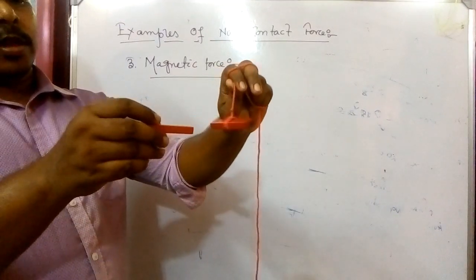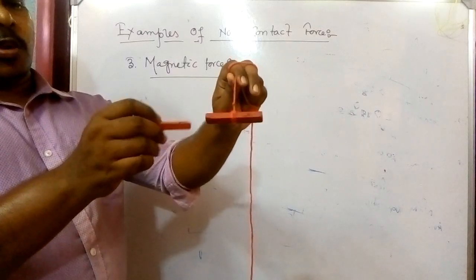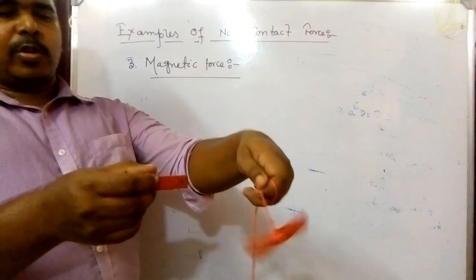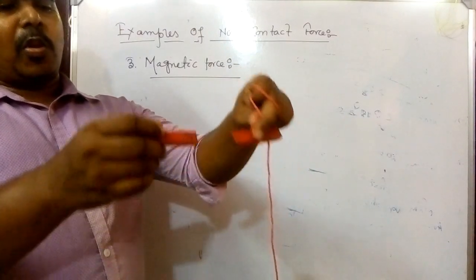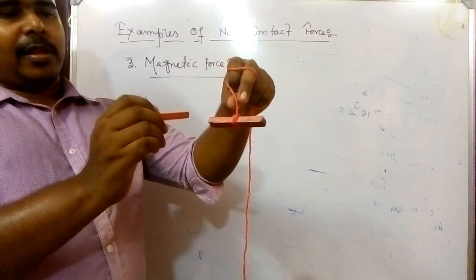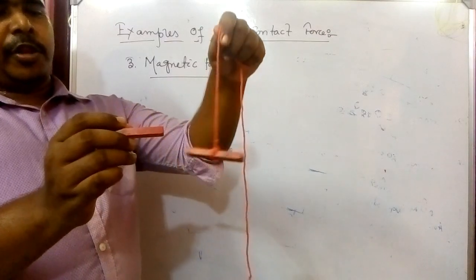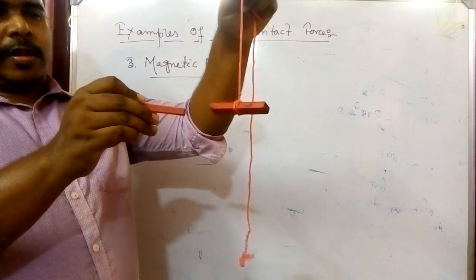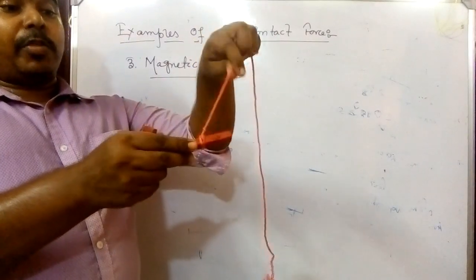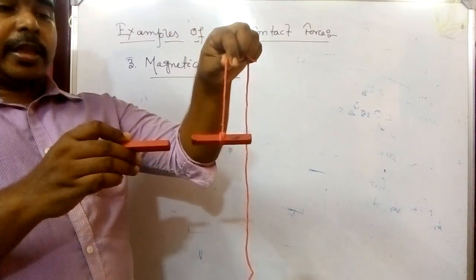If I take it here, you see it is twisting, it is not attracting. South and North attract, but North and North repel each other. See, they are not touching each other, but they repel. And here also you see attraction occurs, but there is no touching between them. Force is applied, and then they are touching each other.